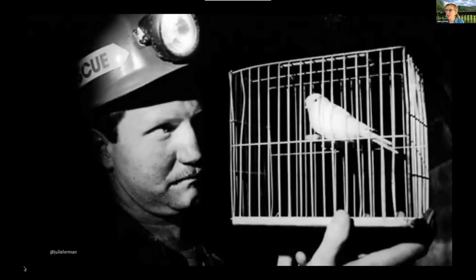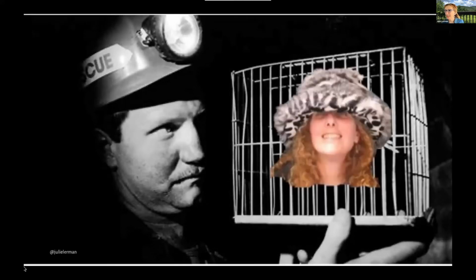So I like to refer to myself as a canary in the coal mine. If anybody is from England or the US or places where coal is dug up, you might understand that reference. It's actually kind of sad. The miners would bring the canaries down into the coal mine to make sure the air was good.